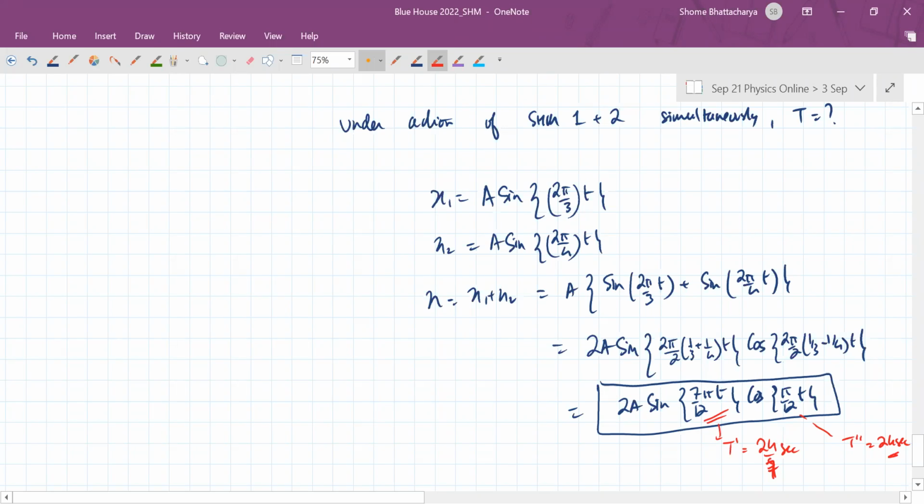Can you repeat once? Yes. See, if I have the product of two sinusoidal terms, one term is varying between -1 and +1 at a time period of, let's say, 24 seconds. But the second one within this is much faster. In this, it's completing 7 cycles.